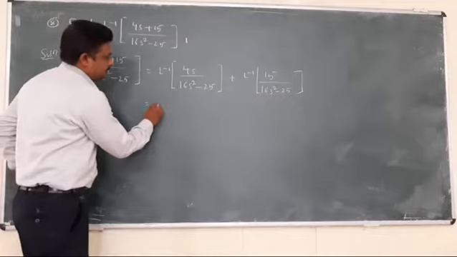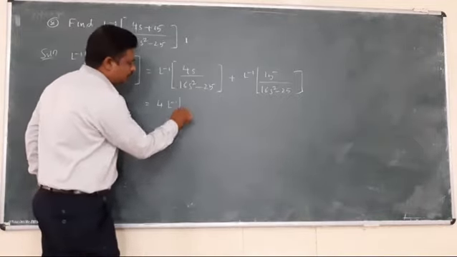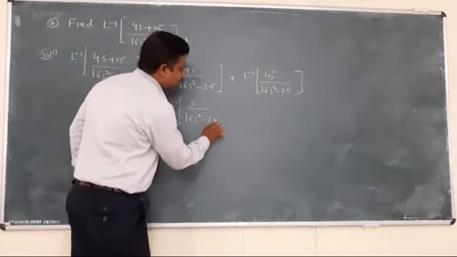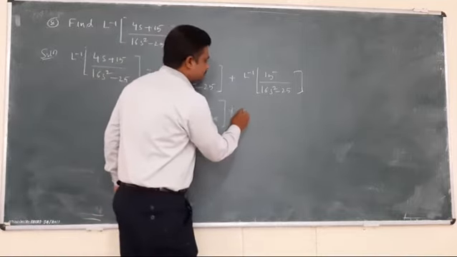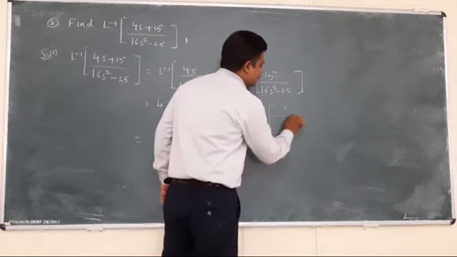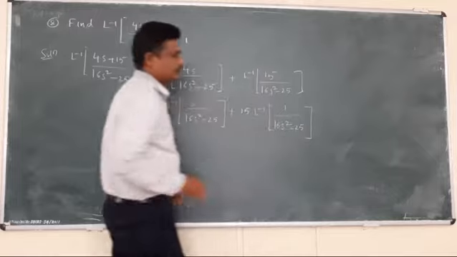So this implies here 4 is constant: 4 L inverse of s upon (16s square minus 25), plus 15 is constant here: 15 L inverse of 1 upon (16s square minus 25).